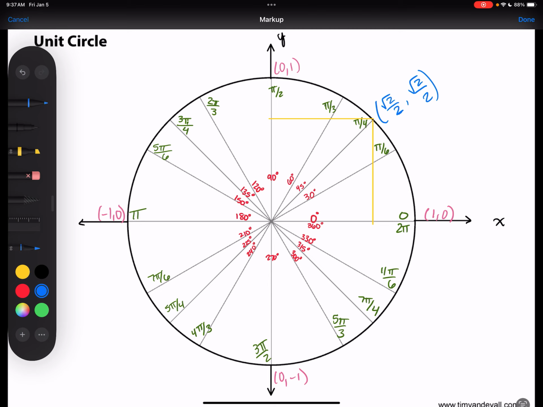As we go around, this pi over 4 here is the same numbers. So all the pi over 4s are going to be root 2 over 2 and root 2 over 2. The only thing that's going to change is the sign. Okay, so over here, x and y are both positive. Over here, x is negative, y is positive, so it's going to be negative root 2 over 2 and root 2 over 2.